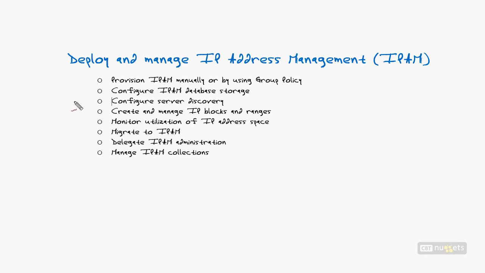In this nugget, we're going to go through the process of deploying IPAM, the whole getting it installed and getting it ready to manage those IP addresses. There are a couple of different ways in which we can actually get IPAM up and operational. Once we get it installed onto our IPAM server, we can then deploy out the client reconfigurations either through group policy or manually.